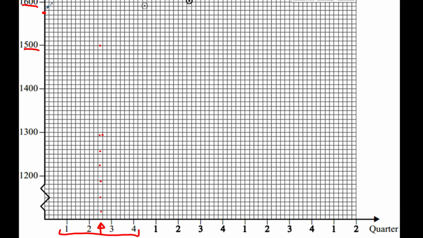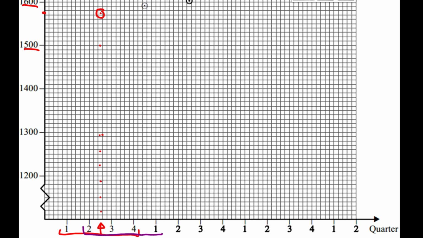So halfway up the 7th square, that will give us a point here. With moving average points, we put a dot and a circle around it. That's marking our first point.